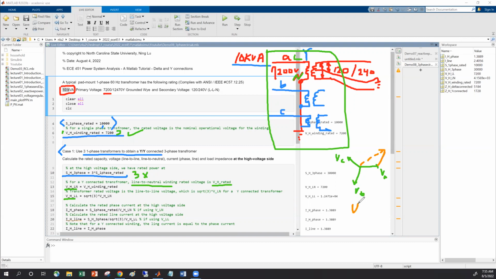It's VAN minus VBN. So VAN minus VBN equals VAN plus VNB. Okay, so that's why this is like that. So this is our VAB.